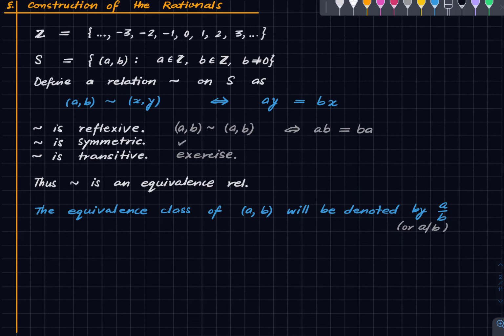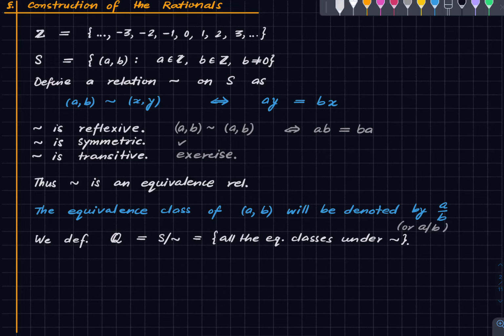So we define Q, which is Q with a small decoration, as this set, which is of course the set of all the equivalence classes. So this notation stands for the set of all the equivalence classes of tilde. Okay, so that is the set of all the rational numbers.